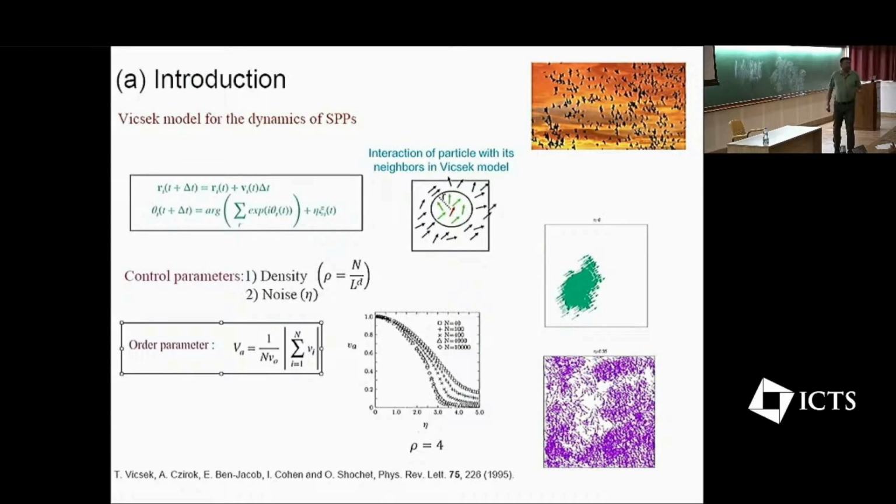Okay. So the control parameters in the Vicsek model are the density of the particles and the noise strength, eta. And typically you look at the order parameter, which is the average velocity of the particles. Here's a plot of the order parameter versus the noise amplitude. At high noise, you have zero velocity.